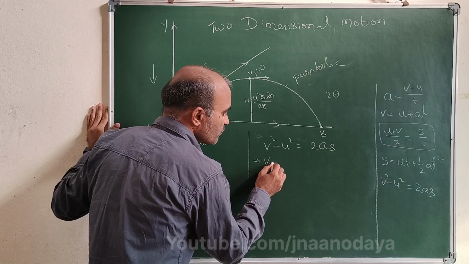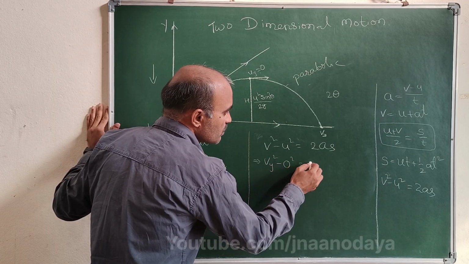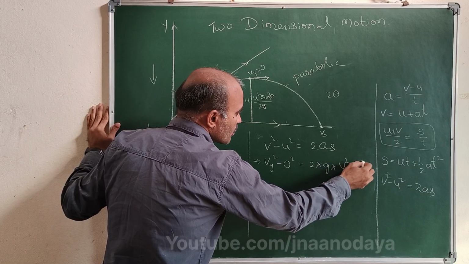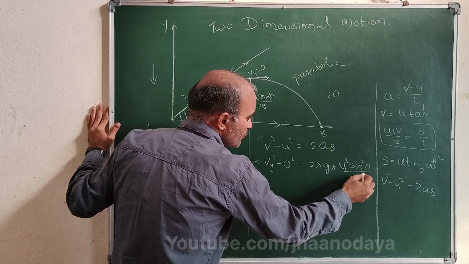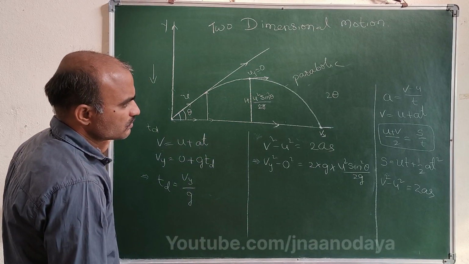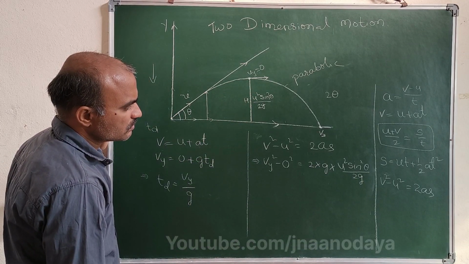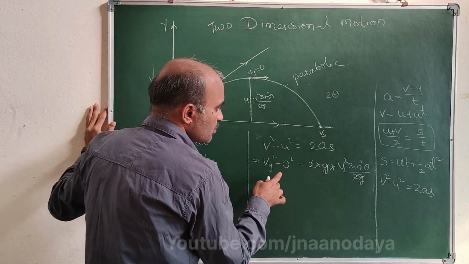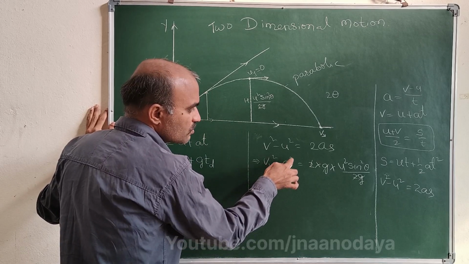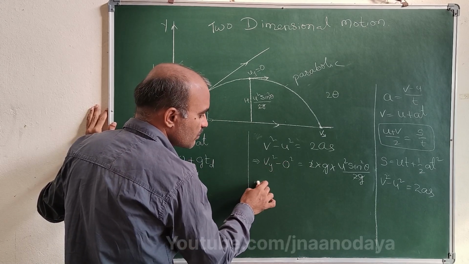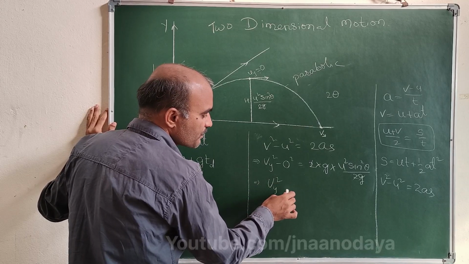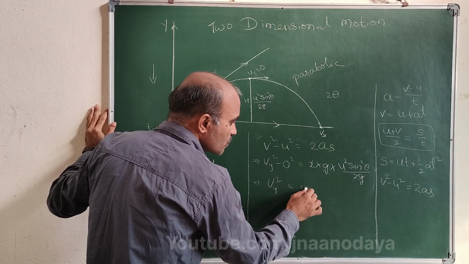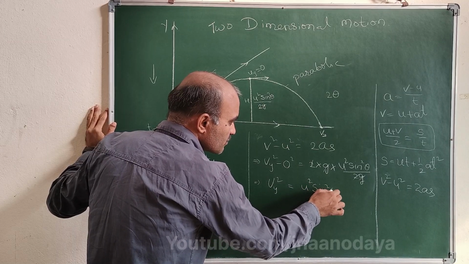Therefore vy square minus 0 square is equal to 2 into g into u square sin square theta by 2g, right? So 2 cancels, g cancels, right? Vy square minus 0 square, you get only vy square, right? So you will remain with vy square is equal to u square sin square theta, right?